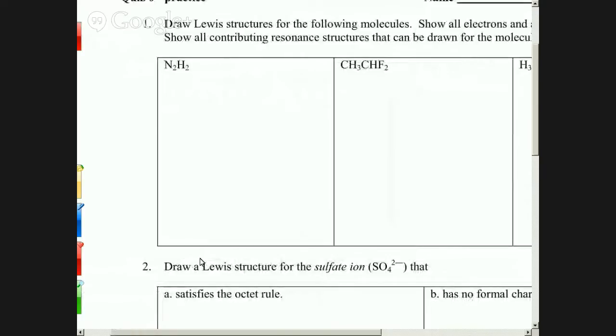Anybody feel confident about it or not? Just want to throw something out there. Yeah. So like that? No, oh, H2, I see. Yeah. Yes, you're right. So just like this. Okay.